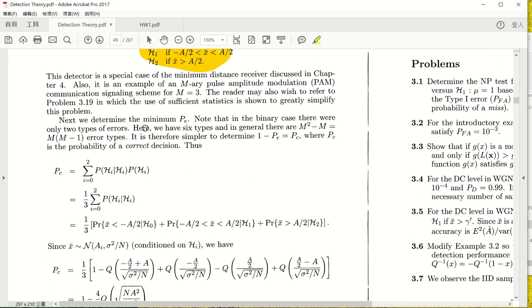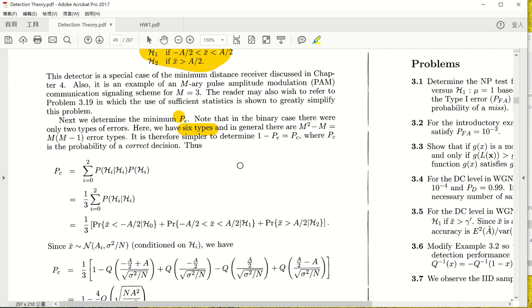Now we want to decide the PE, the error probability. In general we have 6 types of error, so it will be easier for us to decide the PC. PC is the probability of a correct decision. How come? Think about it. 6 types of error, what 6 types?